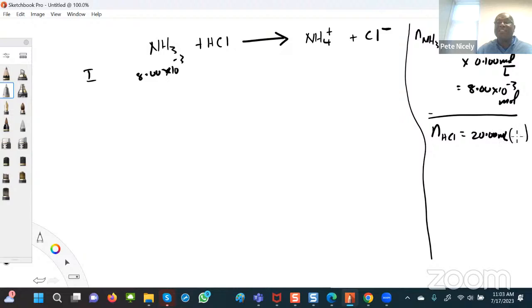Again, we convert this to liters, so 1 liter over 1,000 mL, and we multiply that by the molarity, which is equal to 0.200 moles per liter. And when I work that out, I'm going to get 4.00 times 10 to the minus 3. Okay, so that will go here.